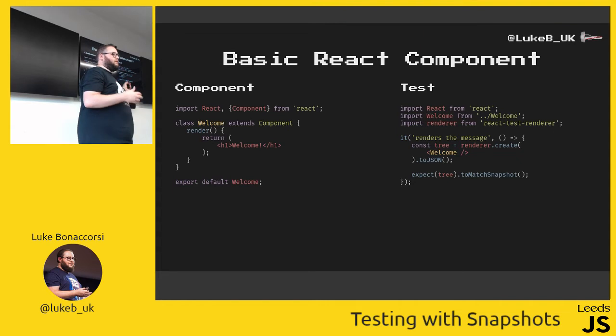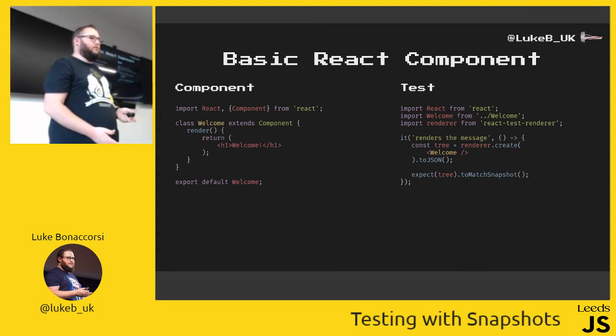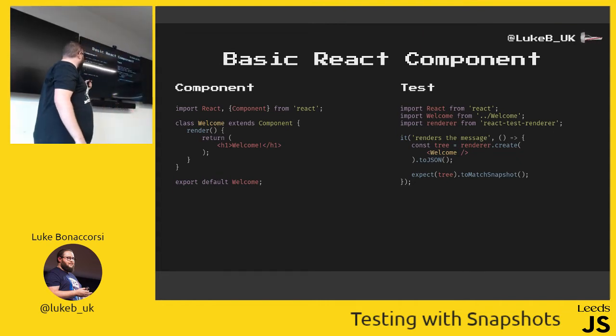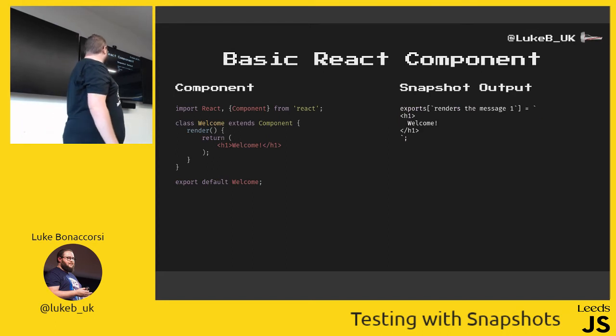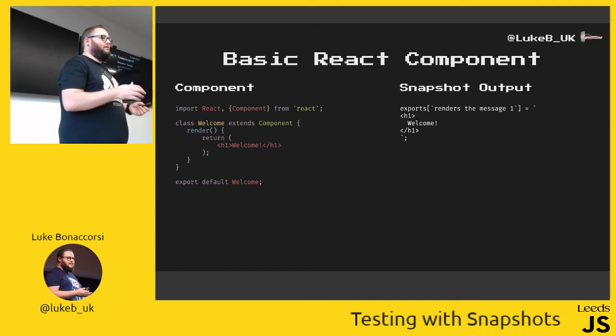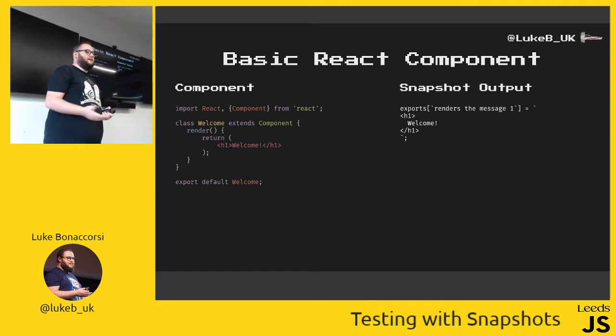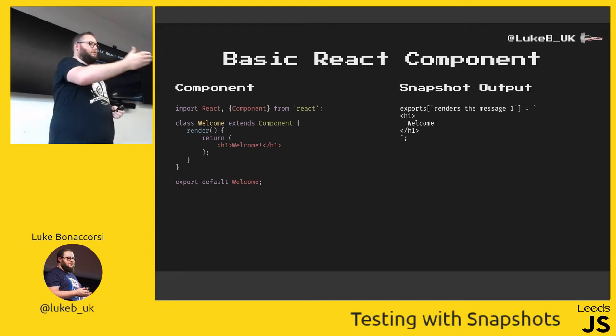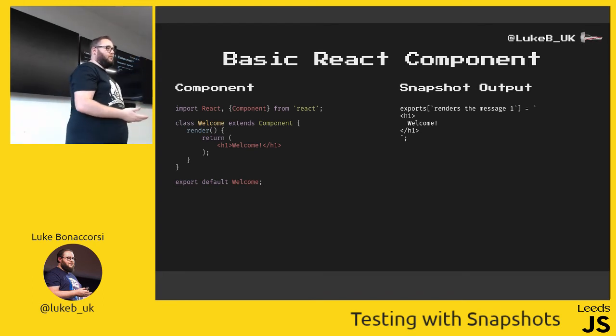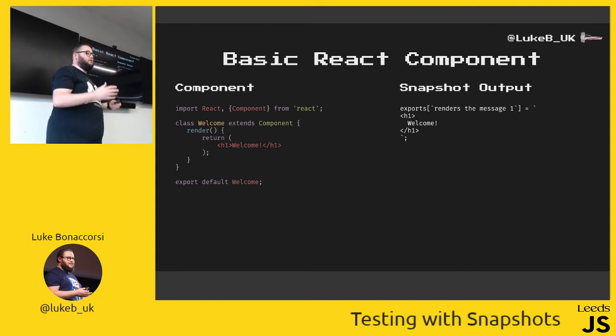And then you'd say expect that to match the snapshot. Your snapshot ends up looking like that. It's just the HTML that will be output. When you run your first tests, you can check, does this look like what I'm expecting it to put out? If not, then there's something wrong with your code or your tests, and you can sort that situation.